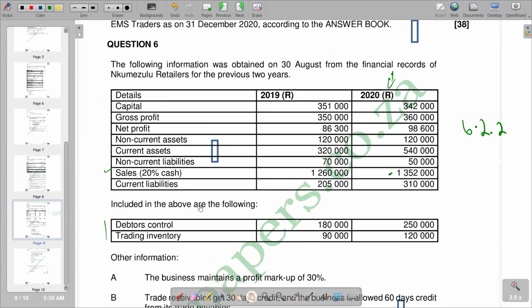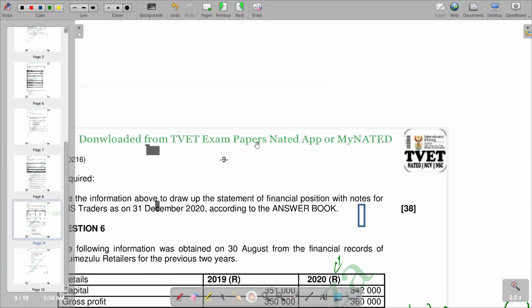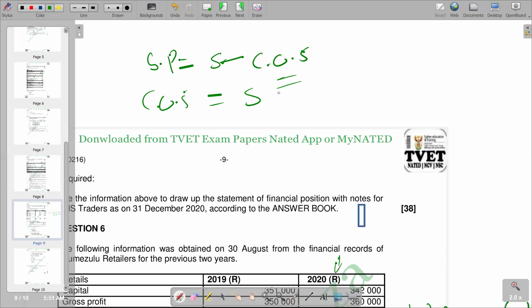So obviously, we know that gross profit is equal to sales minus your cost of sales. So if you make cost of sales the subject of the formula, it's going to be sales minus your gross profit. So this is exactly how we are going to get our cost of sales. We're just going to take our sales figure minus gross profit figure.